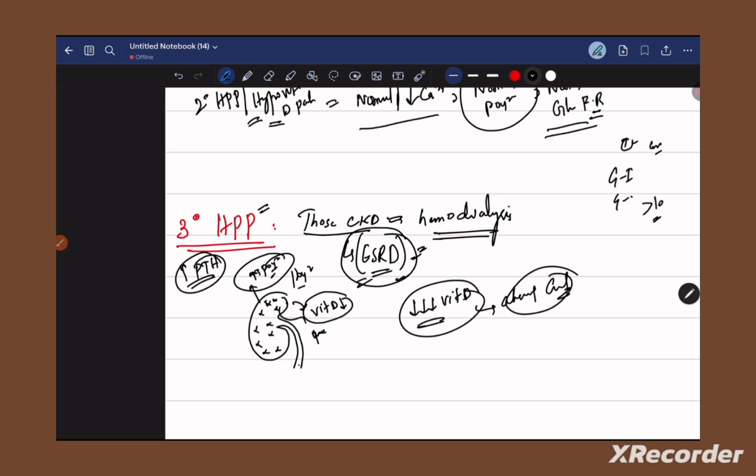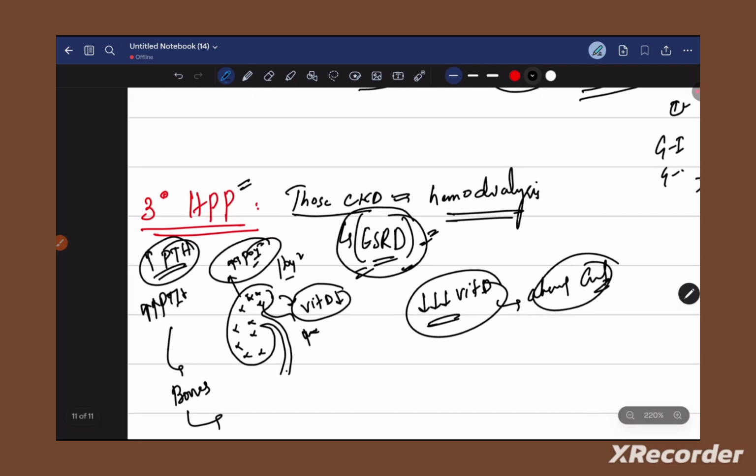The only way for PTH to work is it will act on bones. Okay, in ESRD, since there is absolute hypovitaminosis D, and this hypovitaminosis D is equivalent to negligible, this deficiency is so acute that there is almost no absorption of calcium from the gut.